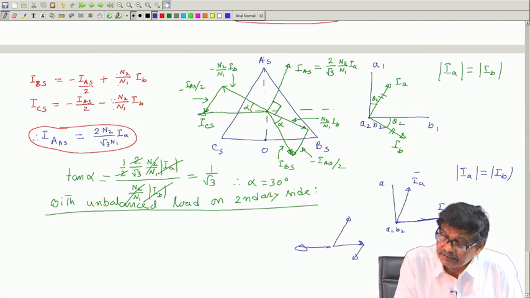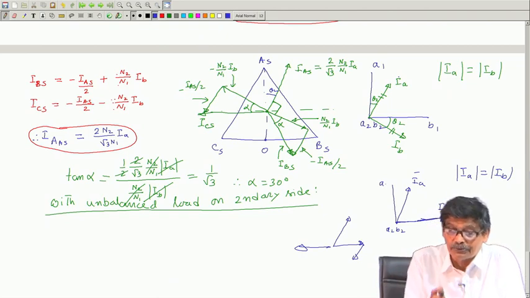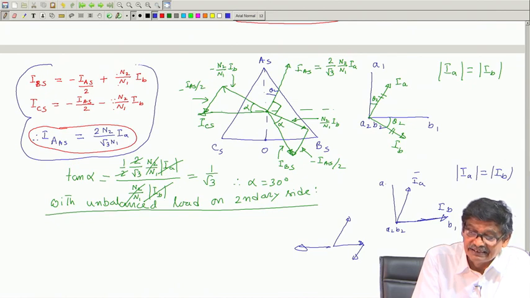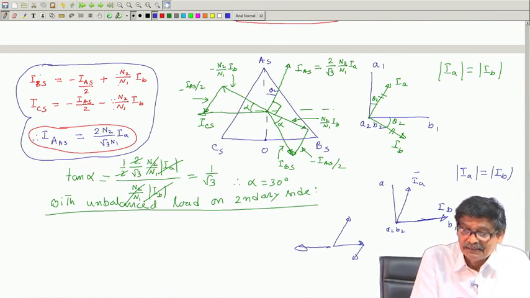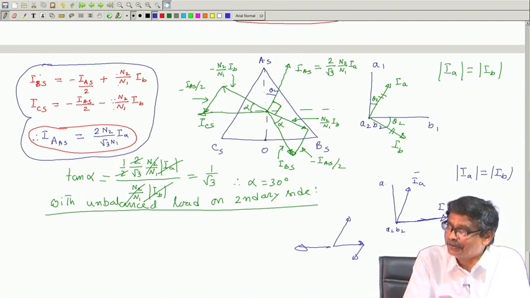Because this is the phase voltage of the primary side, and I A S lags it by an angle of theta 2. If the secondary current is unbalanced, the primary current is unbalanced, but what I am trying to tell, these equations I A S, I B S and I C S, are true no matter whether you have connected balanced load or unbalanced.